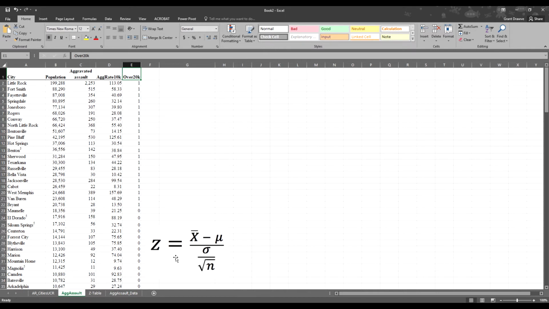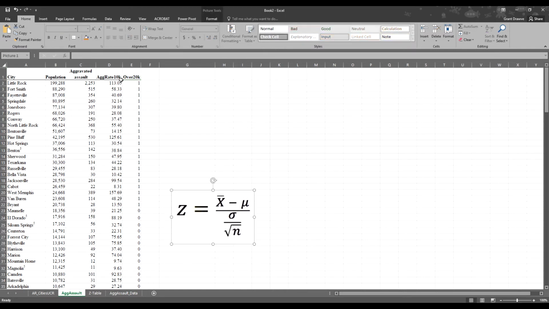So if we're looking at our one sample z-test, we have our group, which is cities with 20,000 residents or more within Arkansas. We have our sample mean, our population mean, the population standard deviation, and the square root of our sample size.